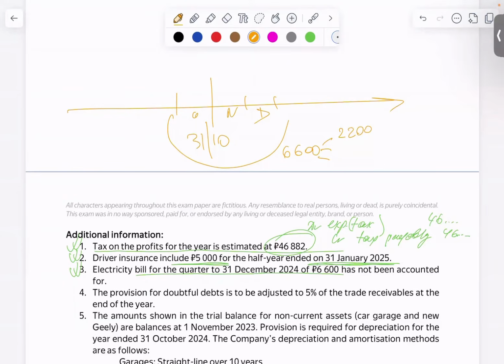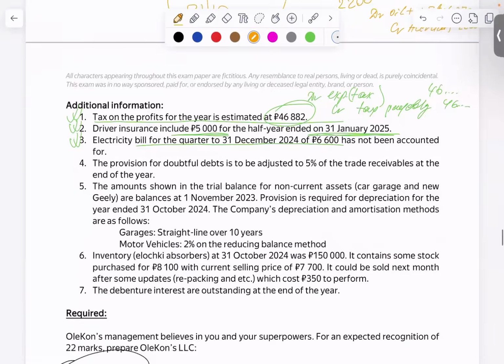So we have to increase, let me do so, debit electricity expense 2,200, credit, what should be credited? We haven't paid for this electricity yet, so we have to credit accruals. We have to create a new account, credit accruals, in the same amount.